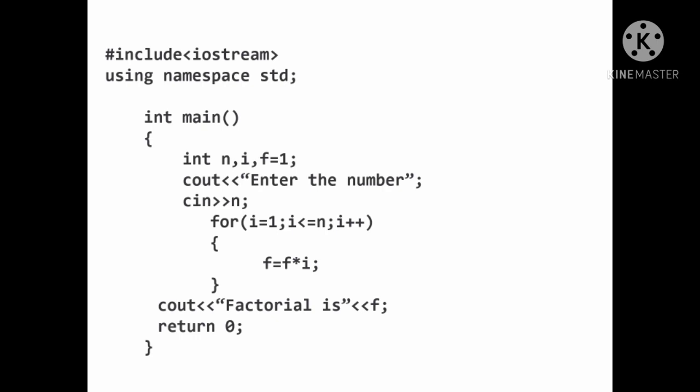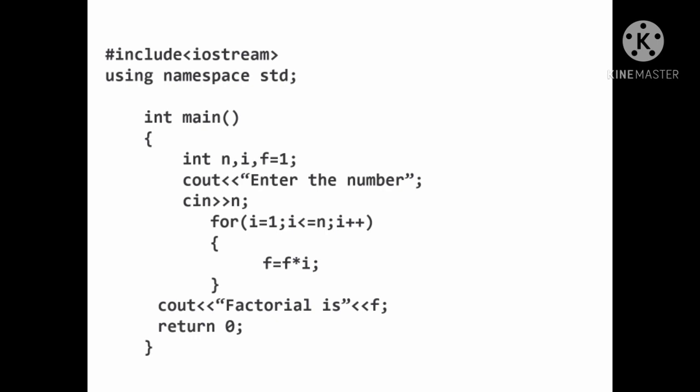Here, an integer variable n is used to store the number which the user is going to enter. The i variable is used for the loop and the f variable is used to calculate and store the factorial value.